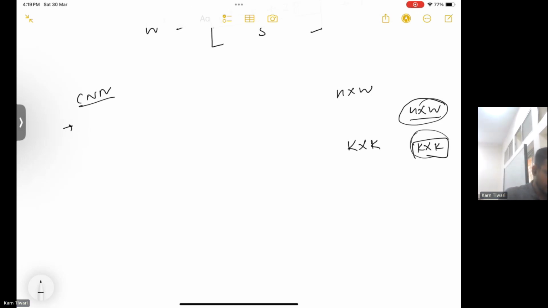So that is the weight sharing which is happening. The same weight we convolve. And it is sparse.